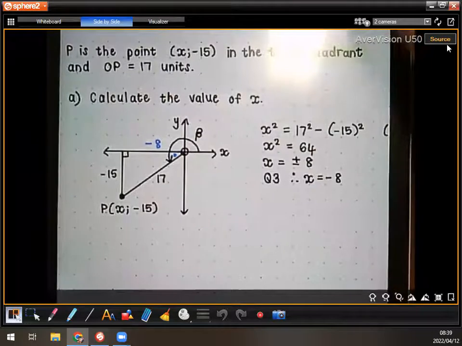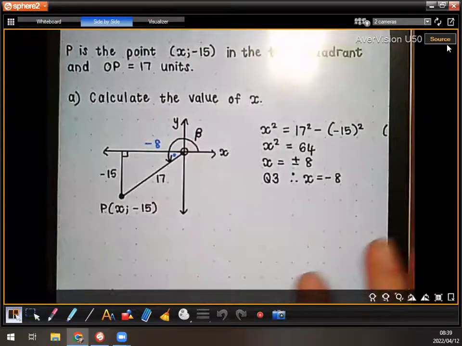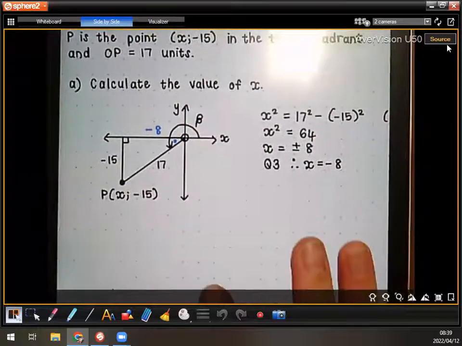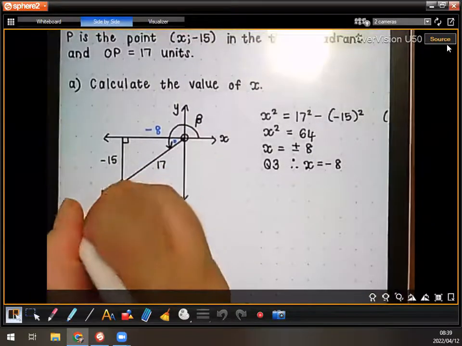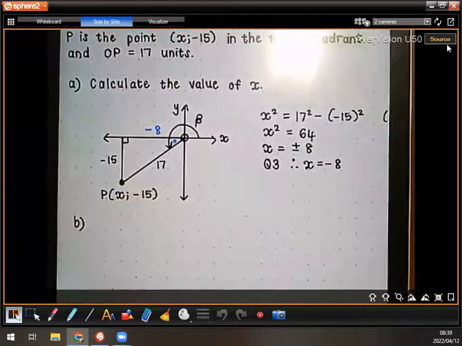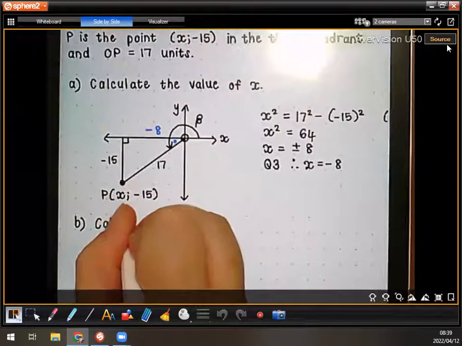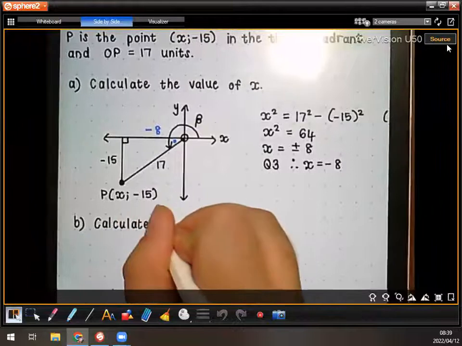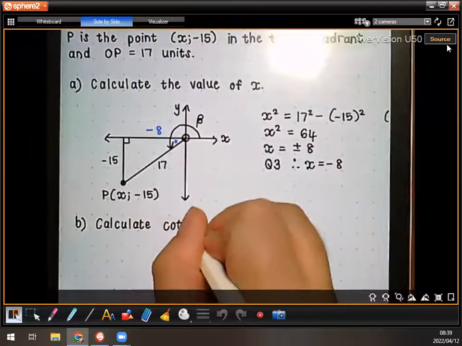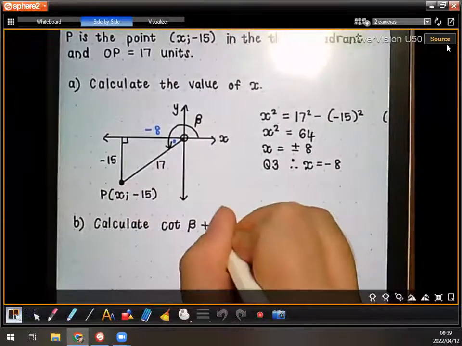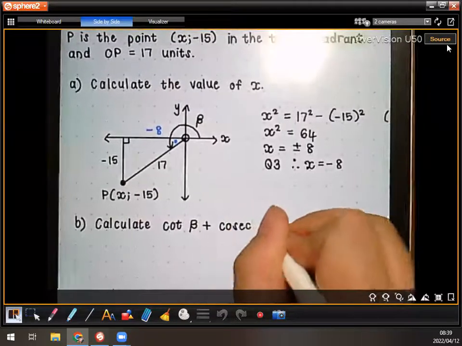Okay, guys, so for question B, they can't find the value of x. For B, they are now asking us to calculate cot beta plus cosec beta.